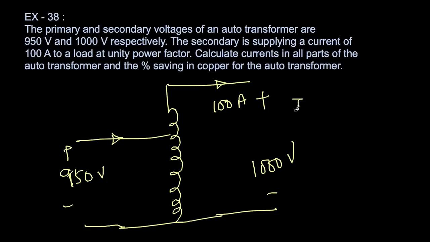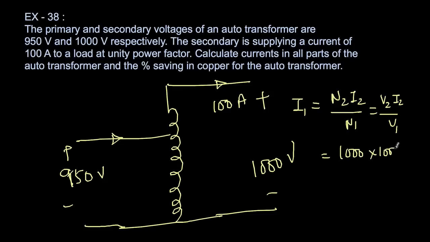So what is I1? We'll use the same formula. I1 by I2 will be N2 by N1, so I1 is N2 I2 by N1. How many turns are there in the total secondary? I can also change it to V2 I2 by V1. So V2 is 1000 and I2 is 100, divided by 950.